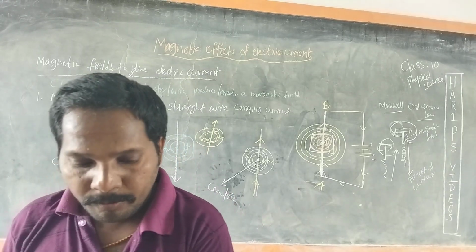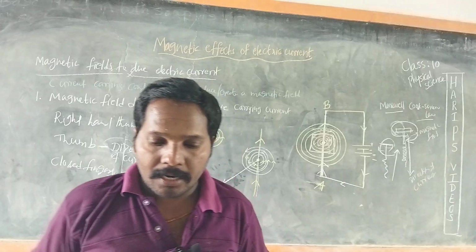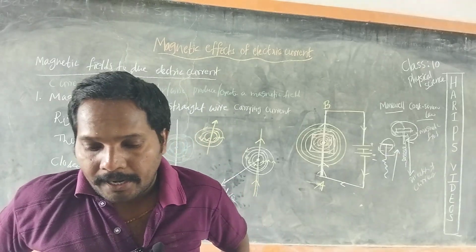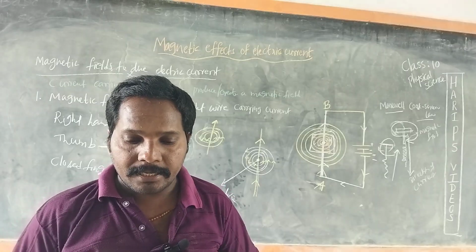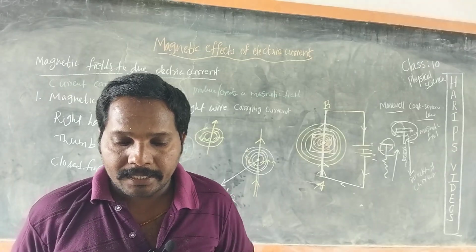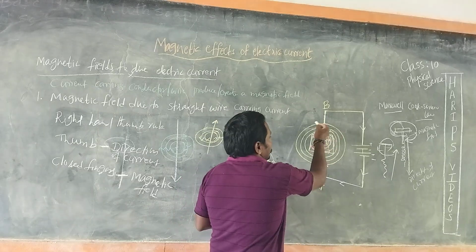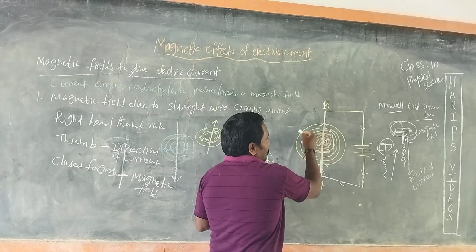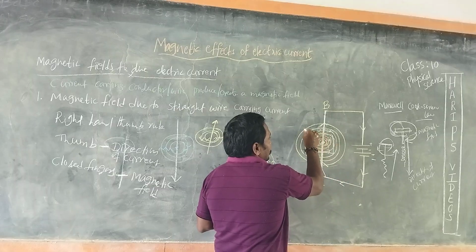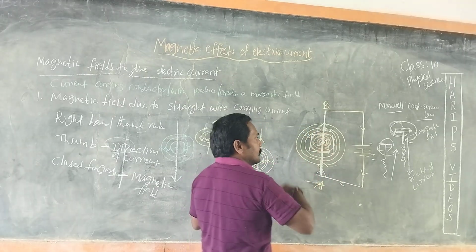In fact, as we move away from the straight current carrying wire, the concentric circles representing the magnetic field lines become larger, indicating the decreasing strength of the magnetic field. So the size of the concentric circle increases, and the strength of the magnetic field is decreasing.